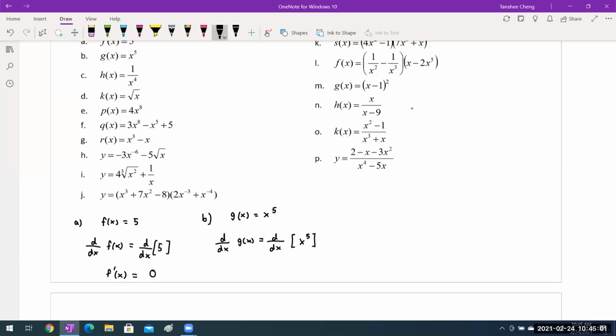So for power functions, what does the formula say? The exponent will become a factor, so 5 times x to the 5 minus 1. The exponent will be 1 less. So this will give us 5x to the 4th power. That's the derivative of this power function, the g function.